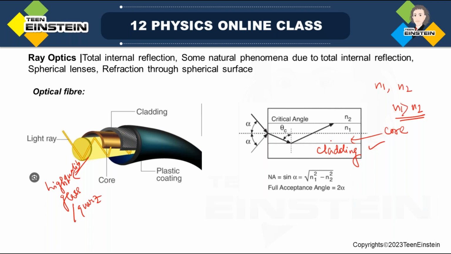That is called cladding. This cladding has lower refractive index. So what is this used for? It is used as a guide medium for transmitting an optical signal from one place to another.